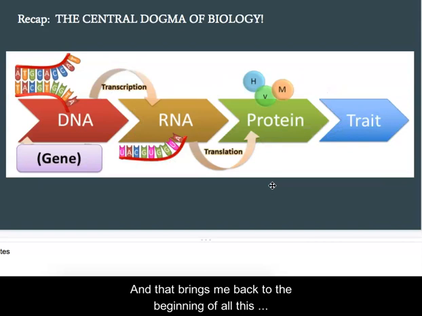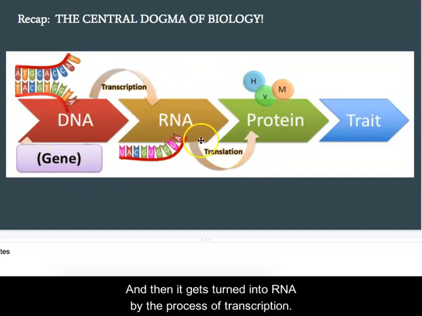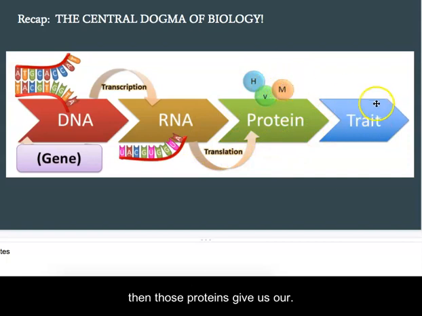Okay. And that brings me back to the beginning of this presentation at the top of your notes page where you have the central dogma of biology. So we had learned about DNA in a gene, and then it gets turned into RNA by the process of transcription, gets turned into a protein by the process of translation, and then those proteins give us our traits.